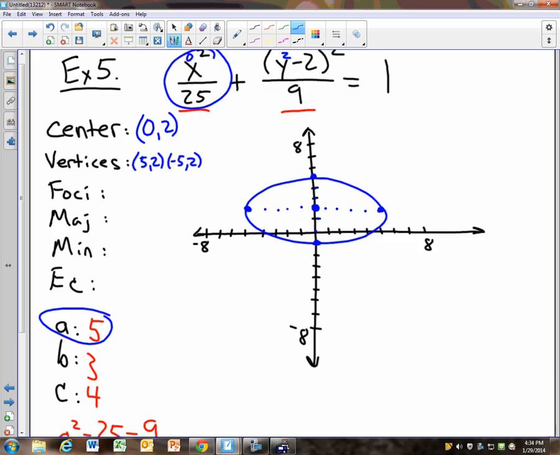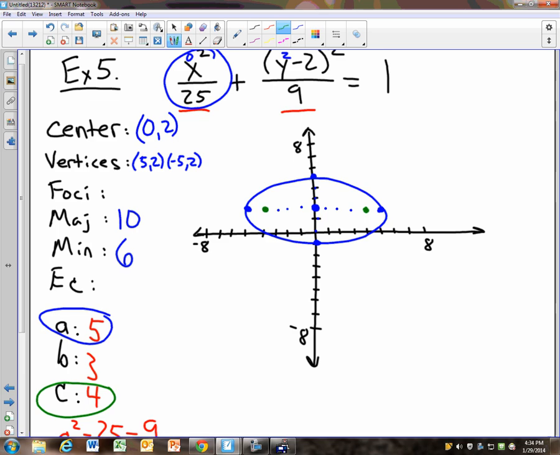What is the length of the major axis? The length of the major axis is 10. The length of the minor axis is 6. What are the positions of the foci? The foci are C units, or 4 units, away from the center.